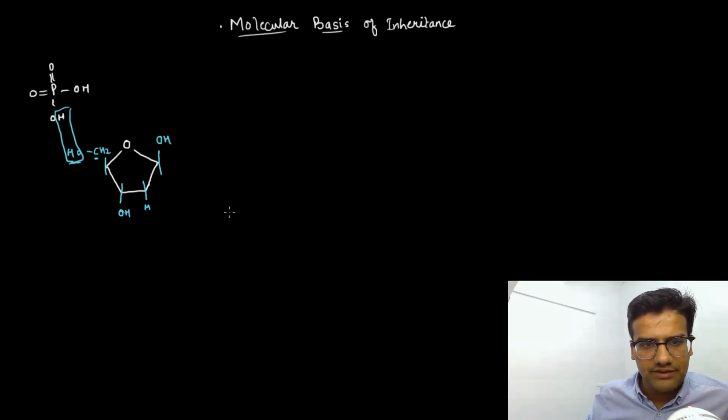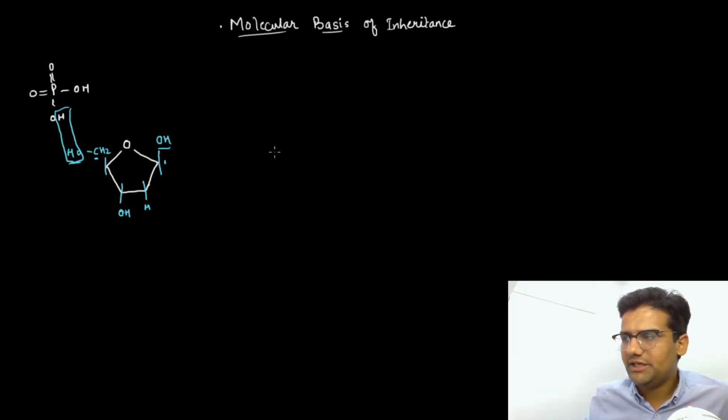On the first carbon, C1, there is a hydroxyl group, and this hydroxyl group reacts with the nitrogen group of either a purine or a pyrimidine. Let us say this is the structure present, the double membered ring structure. A double ring structure means it is a purine.